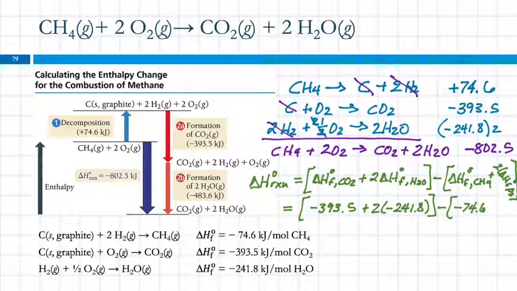What's the heat of formation for oxygen? 0. It's an element in its standard state. So that's minus 393.5 plus 2 times minus 241.8 minus negative 74.6. It's exactly the same. It's just a different thought process, and it involves less writing junk down.